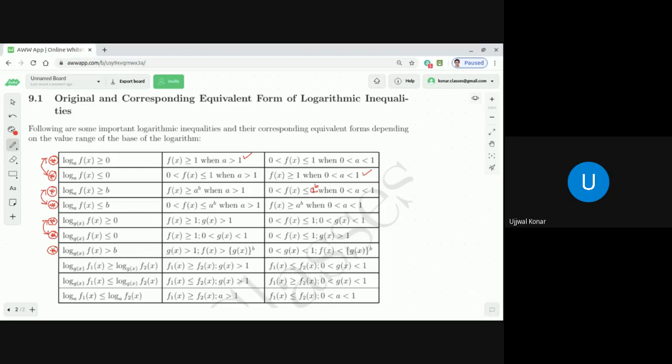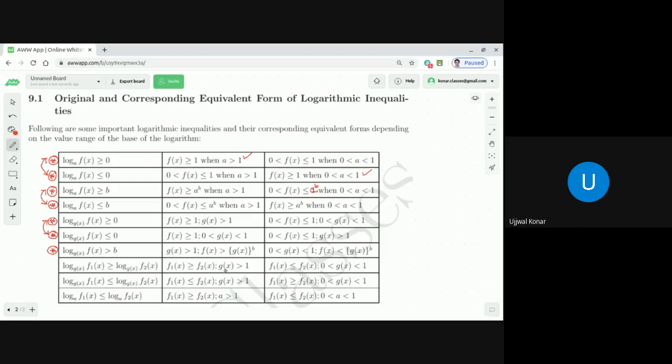The next one, what we are going to discuss, dear students, is when you get that log of f1x base gx is greater than equal to log of f2x base gx.